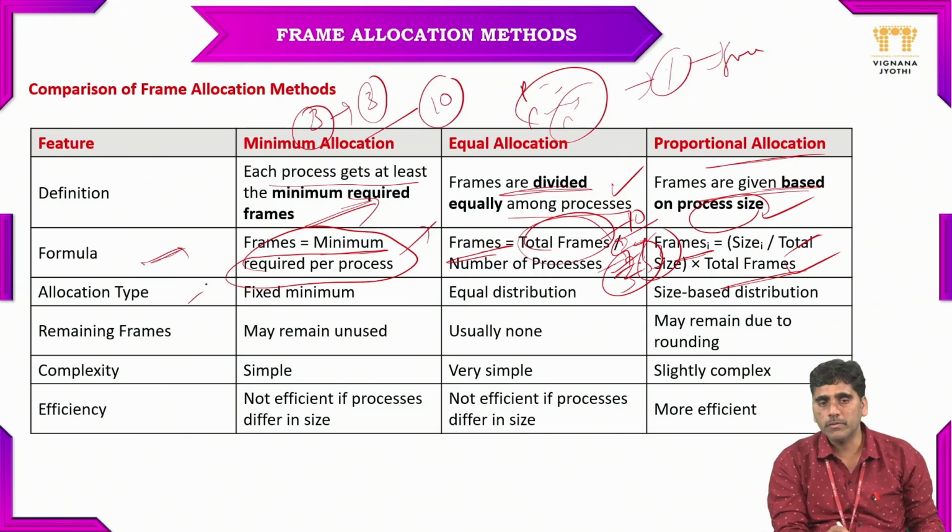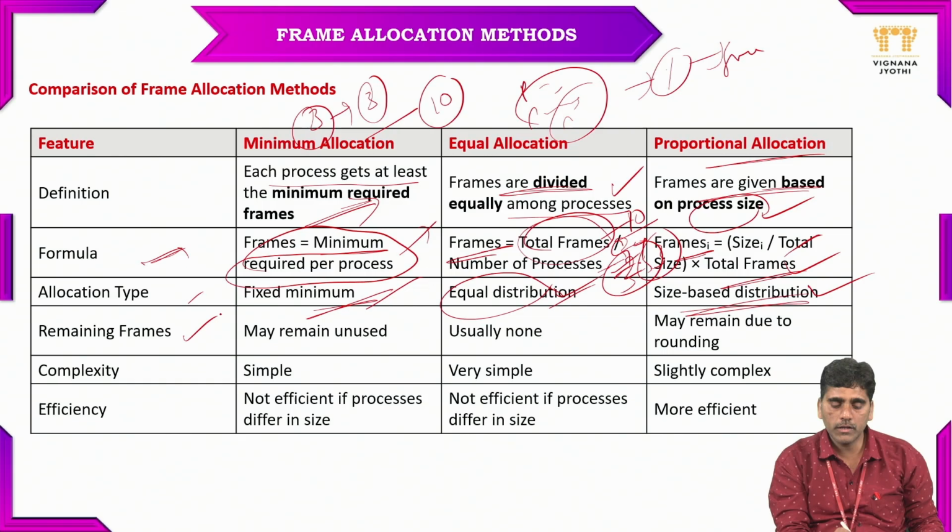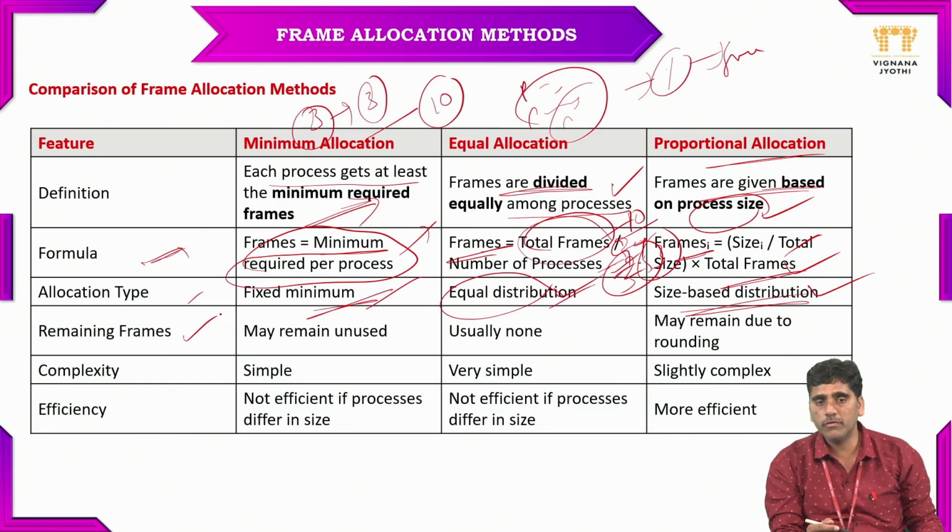And the allocation types: fixed minimum, equal distribution, and size-based distribution. Size-wise, we can allocate frames to each process. In minimum allocation, if any frames are left over, they may remain unused.